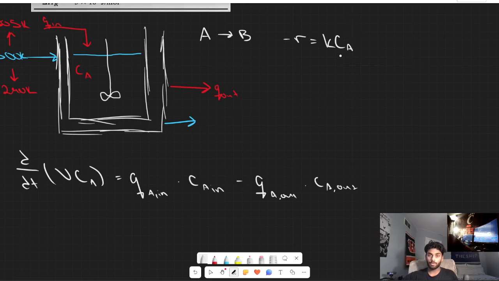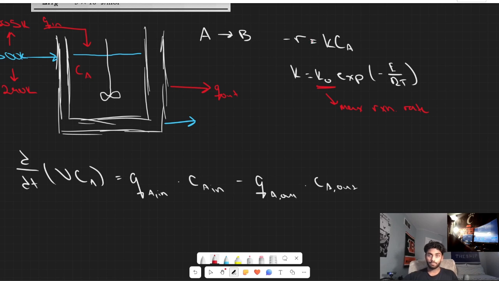This K is our rate law constant, which is defined by an Arrhenius equation that looks something like this: K naught times e to the minus E over RT. Where K naught is our maximum reaction rate, E is our activation energy, R is our gas law constant, and T is our absolute temperature.